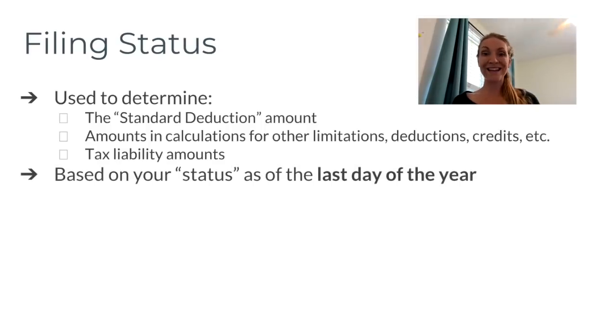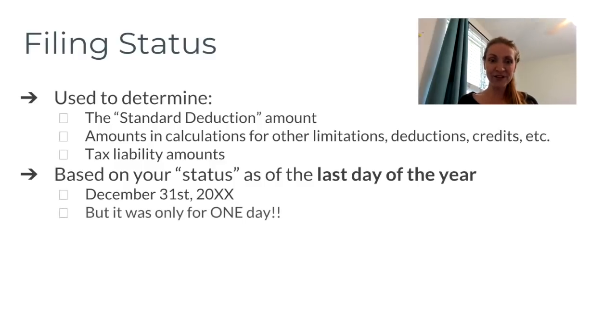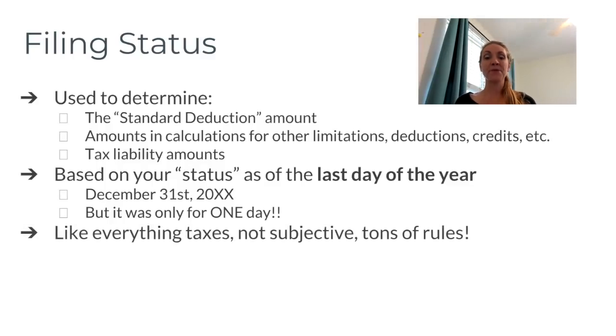Now your status is determined as of the last day of the year, literally the last day. December 31st, 2018, were you single? Were you married? Sometimes people are like, but that doesn't make sense, you know? But that's the way it is. We had to pick something, and that's what they picked.